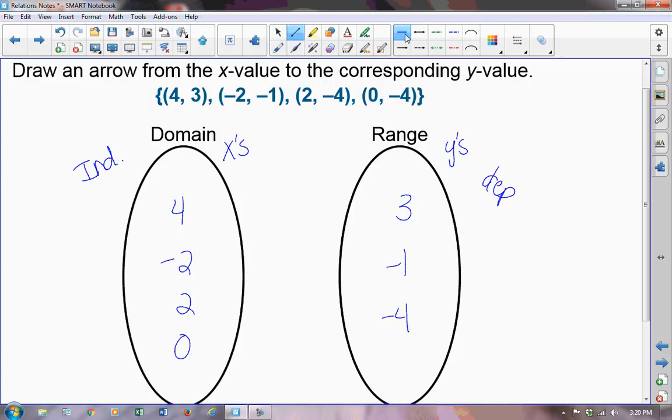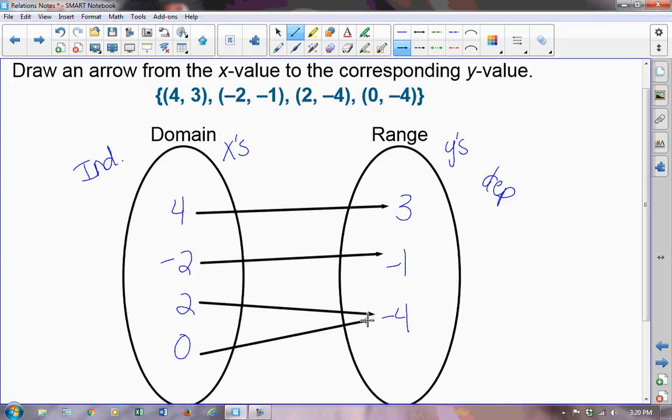And then with mapping, you will connect your domain with your range with an arrow pointing to the number in the range. So 4 goes with 3, -2 goes with -1, 2 connects to -4, but also 0 connects to -4. So those two numbers will be pointing at the same number.